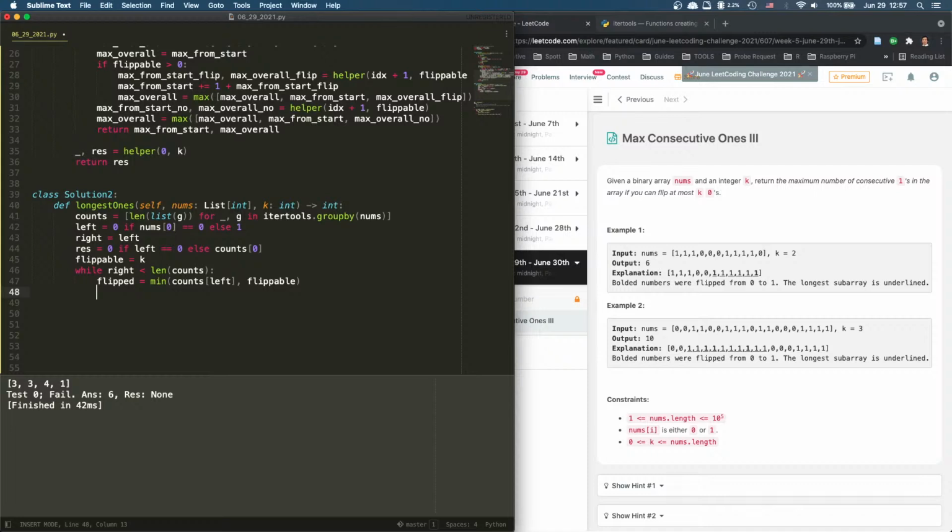Counts left. That's the number of zeros in that position. And the flippable is currently flipped. And then if counts left is huge, that's going to be flippable, right? Counts left. So we're going to compare flipped and flippable, right?